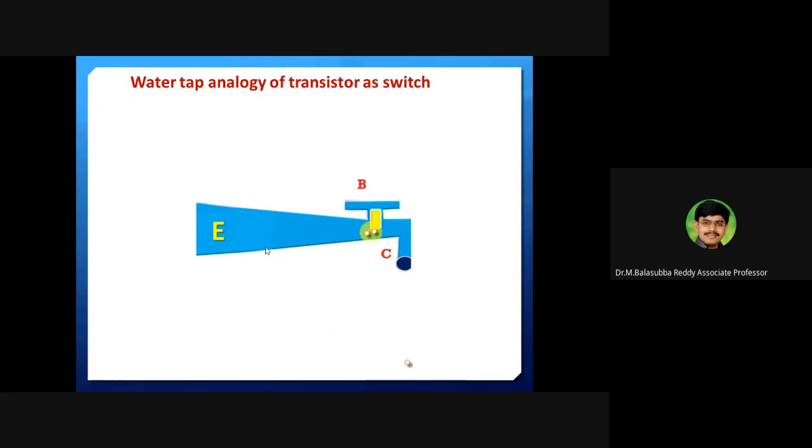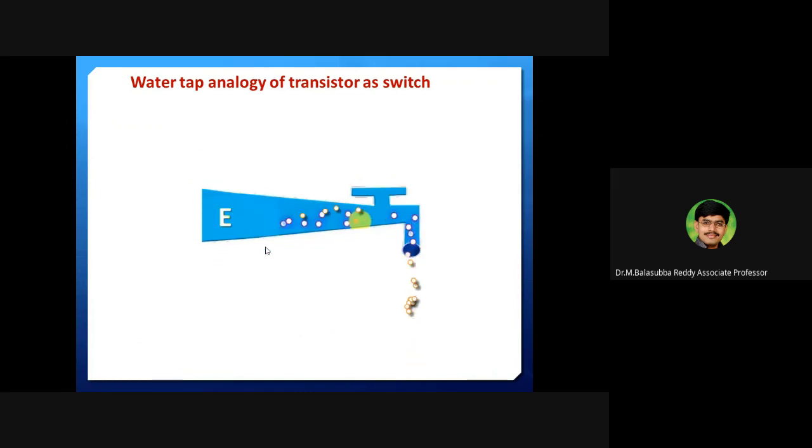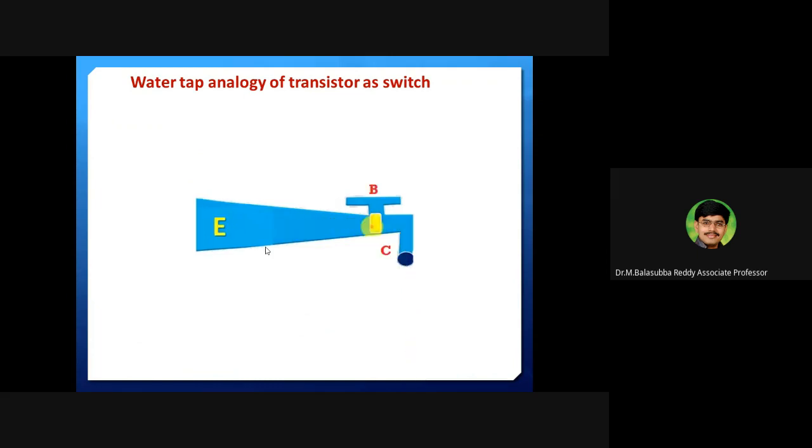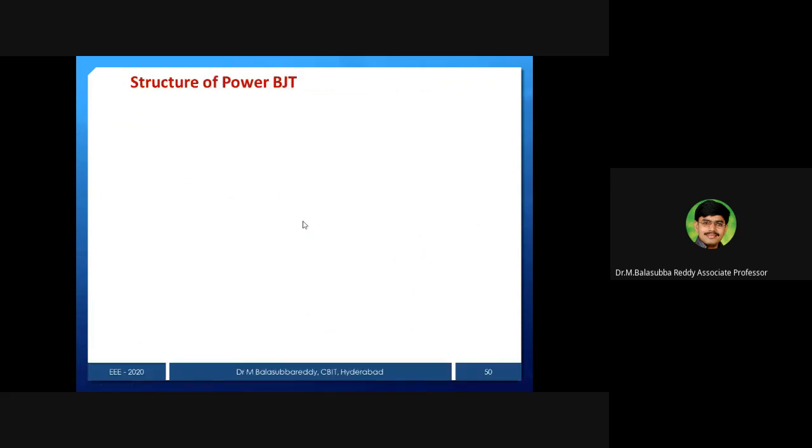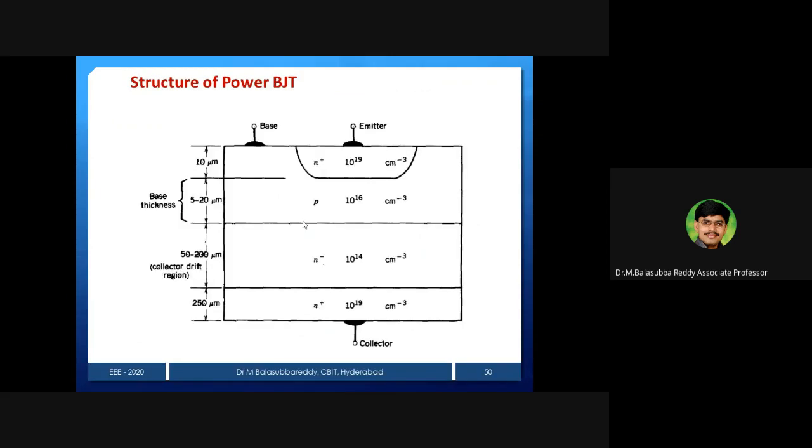You can see, if I open a little bit, it will flow from emitter to collector, and if I open fully, more electrons will flow. So this is just an analogy I'm showing. Once I close it, that means the off state, nothing will happen. It will be completely stopped there. So this is the analogy of the transistor and the structure of the power BJT.